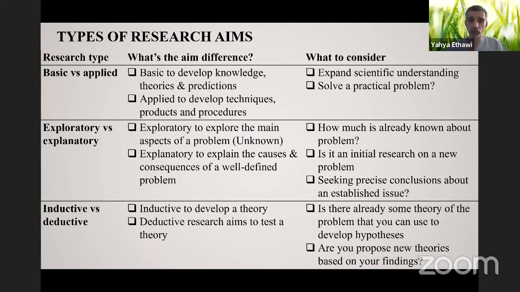In the explanatory, you know the idea. The exploratory is the initial part of the research to find the problem, while the explanatory is to seek precise conclusions and to establish a connection between a cause and result.